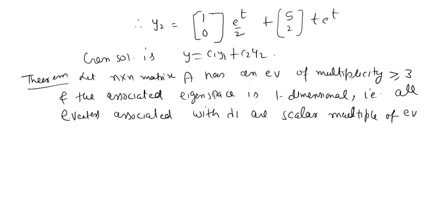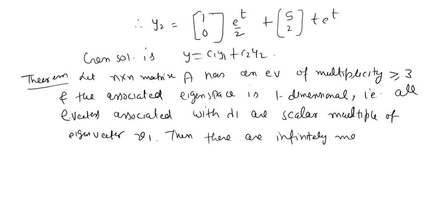So let us write eigenvector v1. Then there are infinitely many vectors v2, so that (A minus lambda 1 I) v2 equals v1.